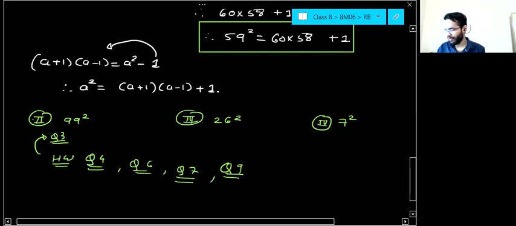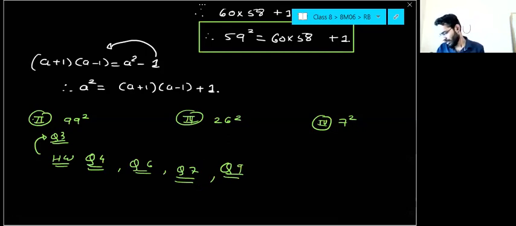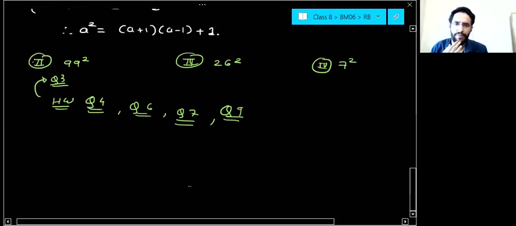The remaining questions I will show you, and in the next class we will start square root of numbers. We are going to see different methods: repeated subtraction, prime factorization, long division. We will try to finish 2 methods at least, because time is less.